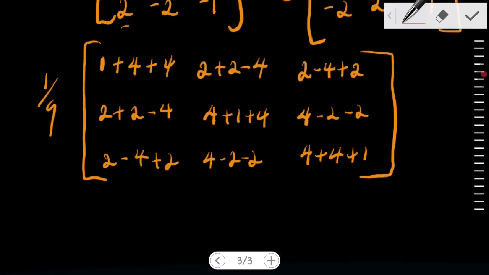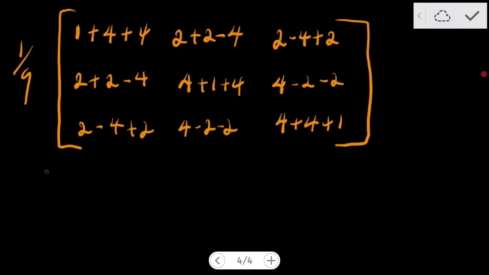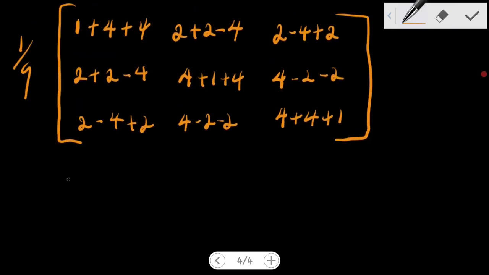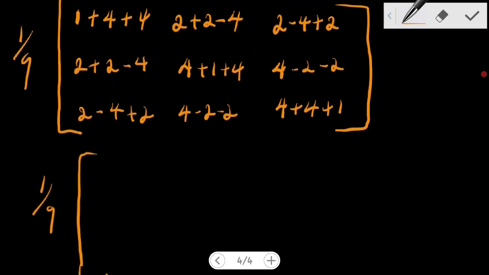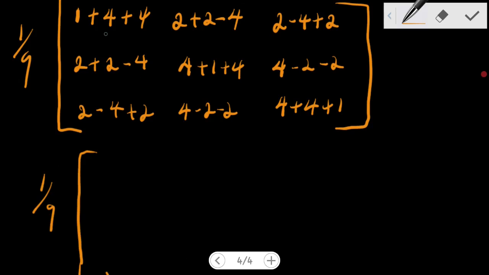Now let's work it out, with 1 out of 9 as my scalar. 1 plus 4 plus 4 is 9. This is 0. This is also 0.